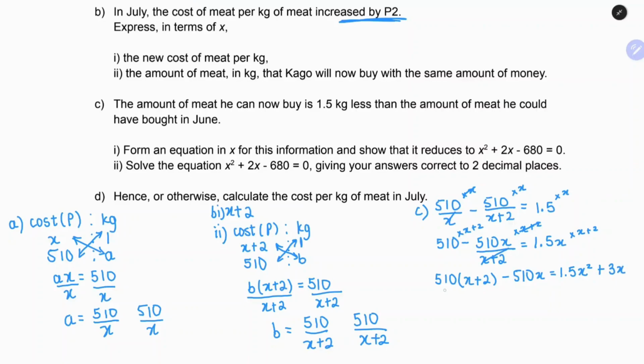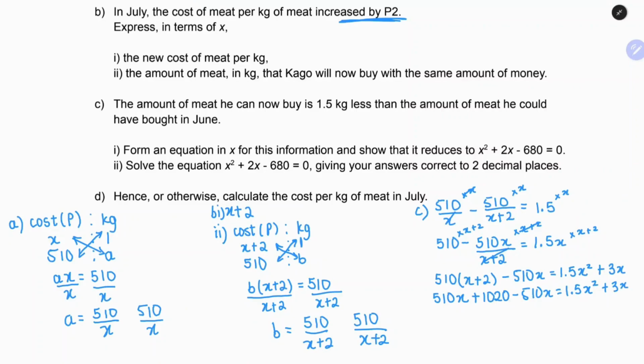And then we'll expand this. 510 times x is 510x. 510 times 2, put it into the calculator. 510 times 2, that's 1020. So 510 times 2, 1020, minus 510x again is equal to 1.5x squared plus 3x.